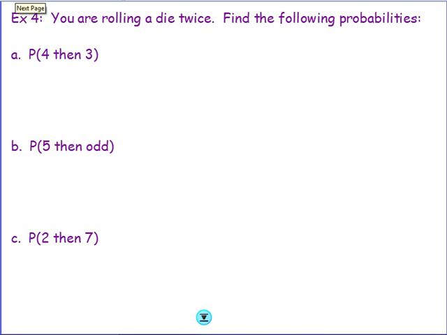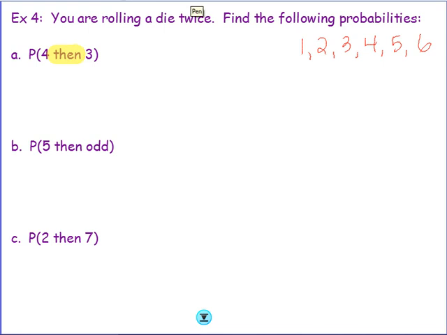You are rolling a die, yes, die is singular for dice, twice. Find the following probabilities. Well, when we roll a die, I'm going to hope that you know what a die looks like. For those of you that don't, the only numbers that you're going to get are 1, 2, 3, 4, 5, and 6. We can use that as a reference when we're trying to answer these questions. So as you notice, probability of 4, then 3.